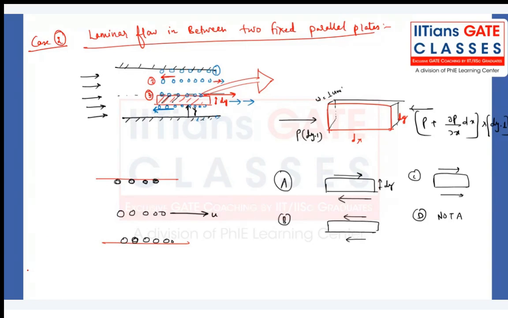Now it's better that I just remove it and draw once again.